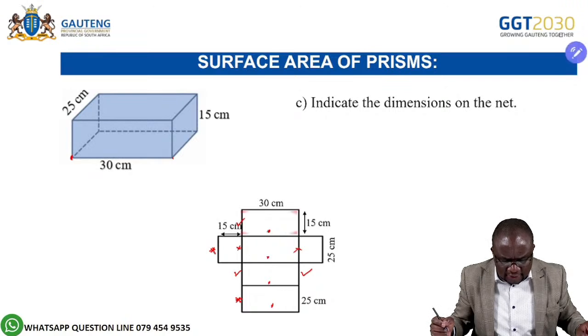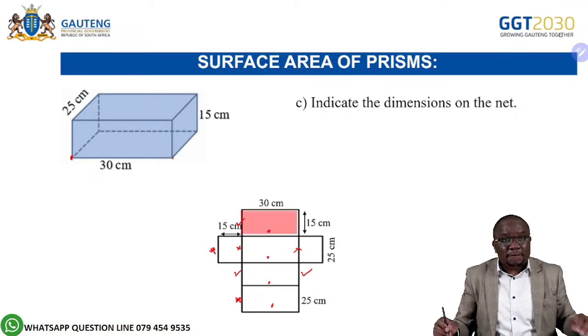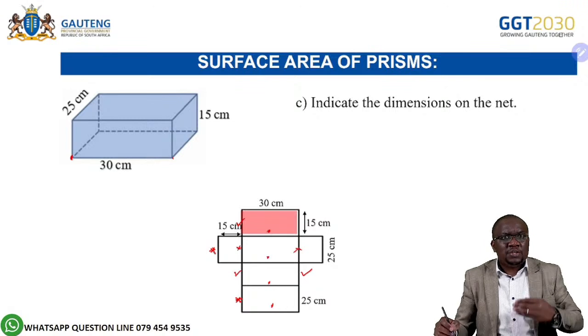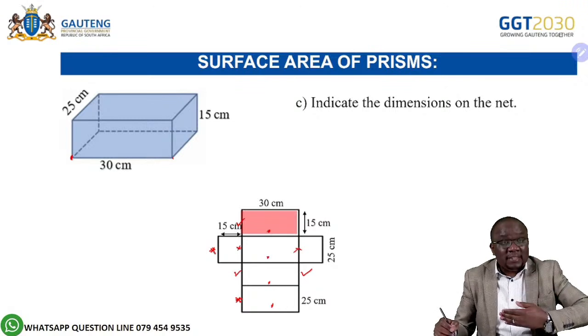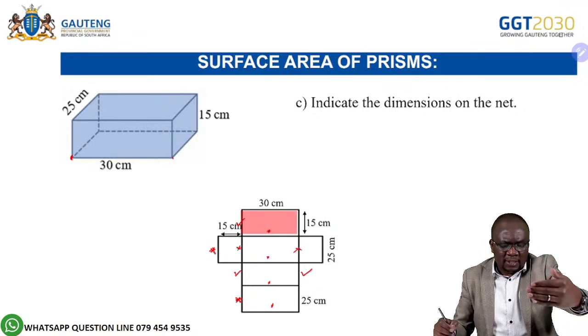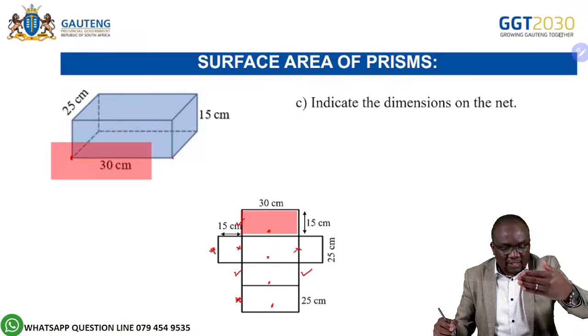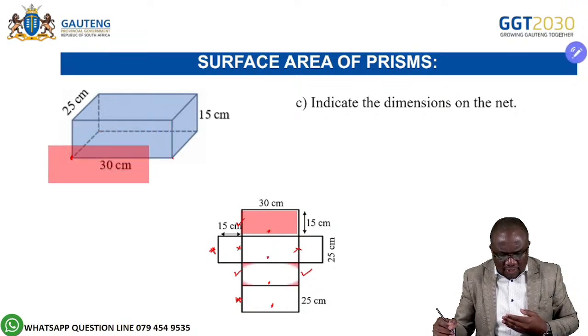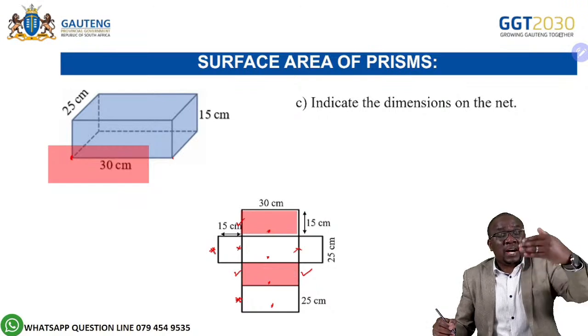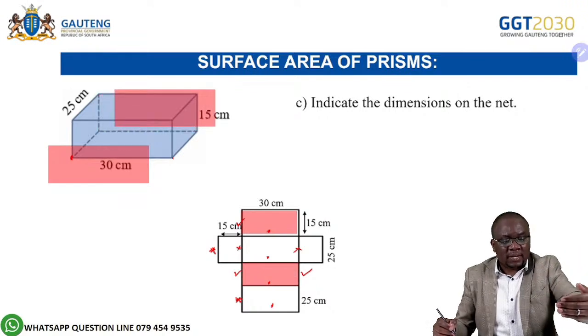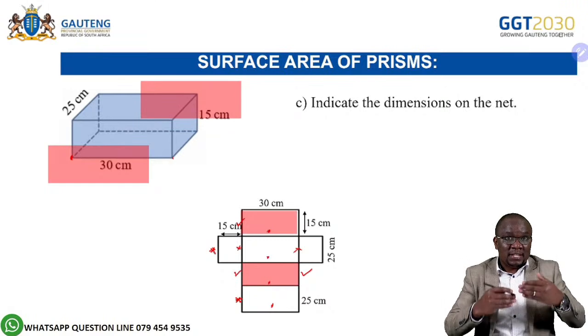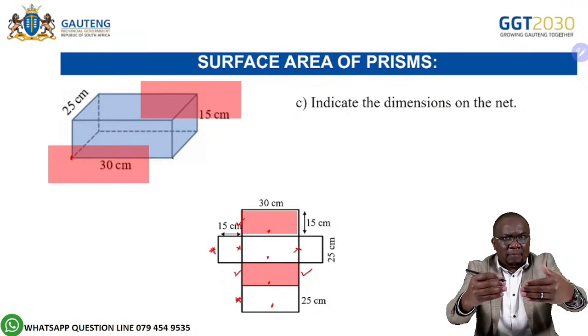Now we have this shape. Which shape is this one? It should be the one at the front and the one at the back. So these are the two shapes, the one at the front, and then we go to this one. You see that? It represents the one at the back. Okay, these are the two rectangles, the one at the front and the one at the back.